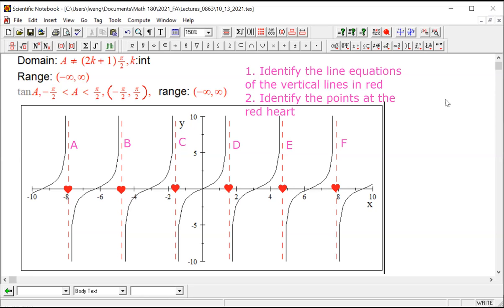Do I get an answer for any one of these lines? At any one of the points?